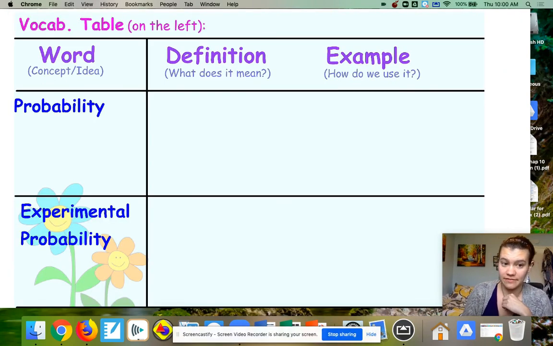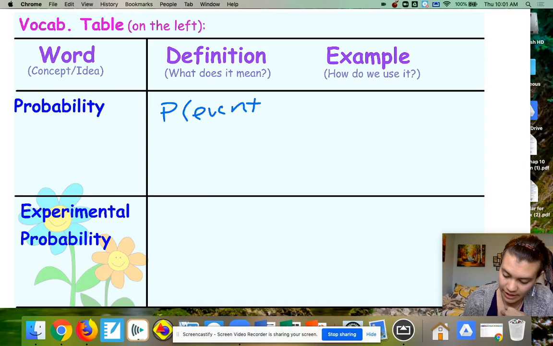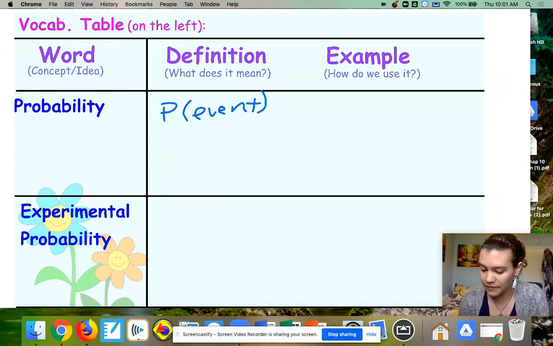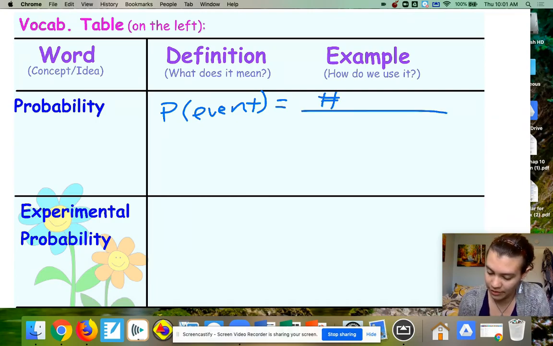All right, so then the next definition is probability. You would write it as P of some event, so flipping a coin and getting heads, or getting a blue car in the parking lot. And how you calculate it is you take the number of favorable outcomes, the number of things you want to happen, divided by your total outcomes.